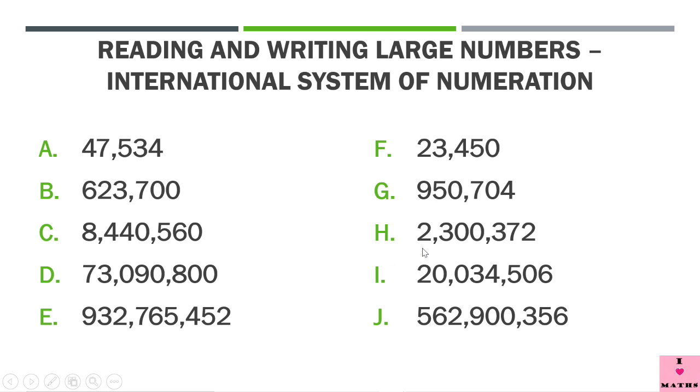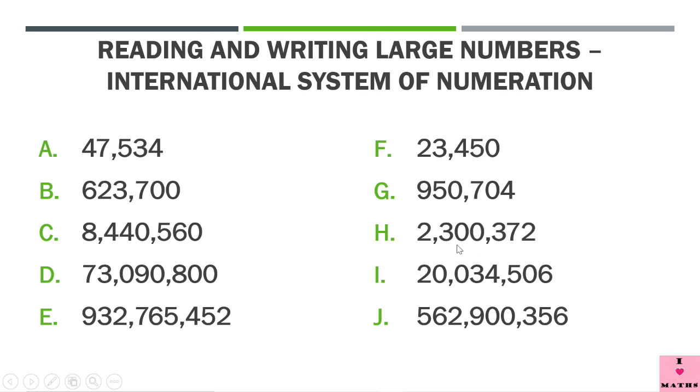Okay, let's read this one. Again, this is ones period. This is thousands period and this is millions period. 2,300,372.